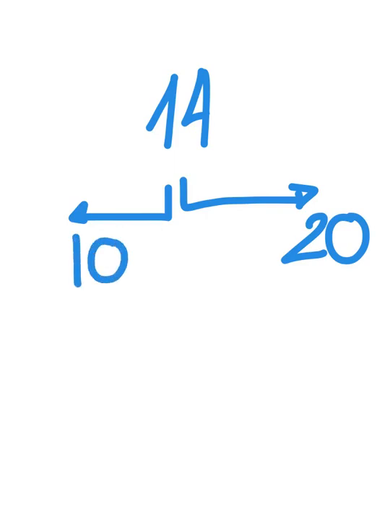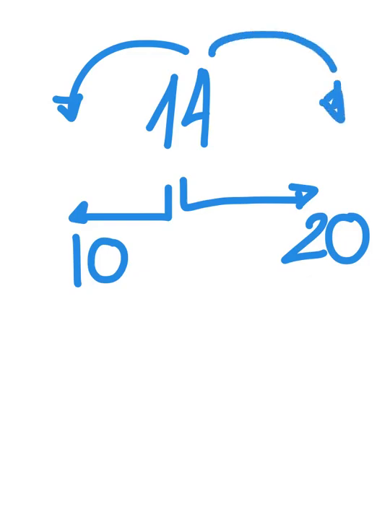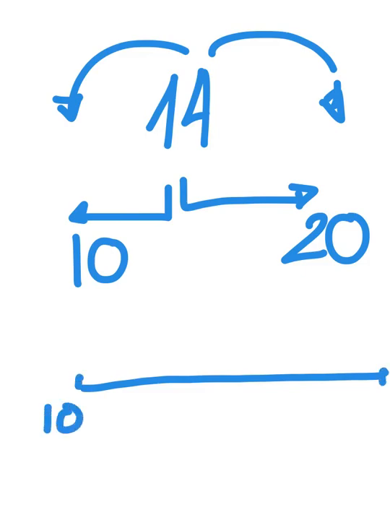So now, what do we have to look at? Is 14 closest to the number 10, or is 14 closest to the number 20? What we're going to do is draw a line, write both 10s, and see 10, 11, 12, 13, 14, 15, 16, 17, 18, 19, 20.